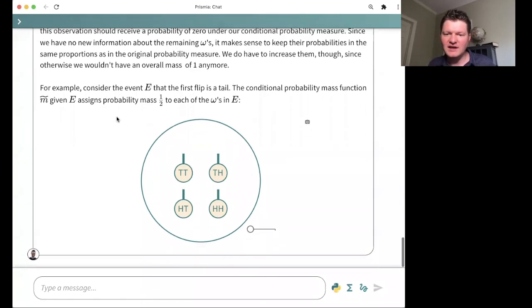So in the case that the event E is first flip is a tail, then we can rule out these two outcomes on the bottom, these two flip pairs, because they involve the first one being a head. So those should go down to 0, and the others are going to have to get a boost to compensate. These are the only two remaining possible elements of the sample space, and they were equally likely originally, so they're equally likely now. Therefore, they're each probability a half. So these are each a half after we make that first observation and update our probability measure.